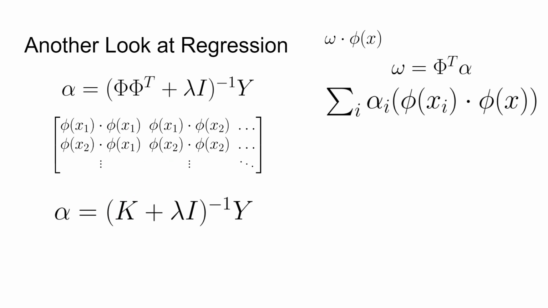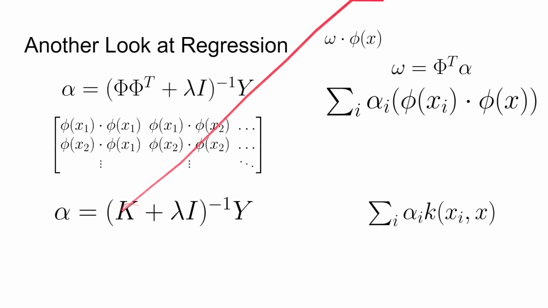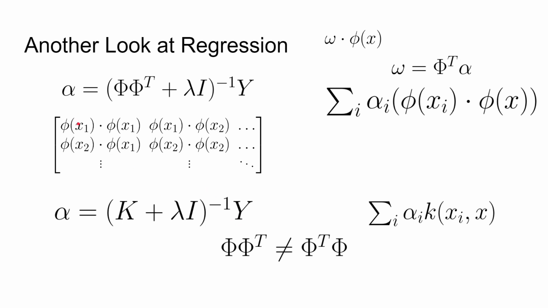I can do regression in some other space, and the only thing I have to do is compute these kernel functions as my measures between data points. Let me say that again. In order to find my alpha values, I need to compute the kernel function on all my data points. If we were doing it the long way, it would be the dot product of my features between the data points.